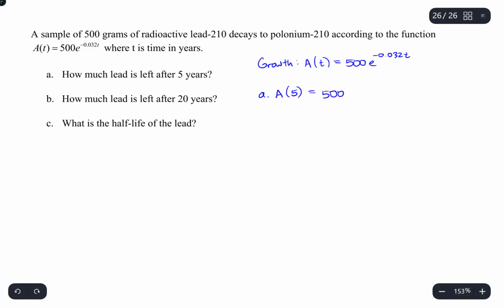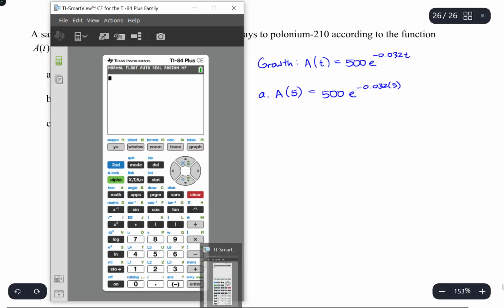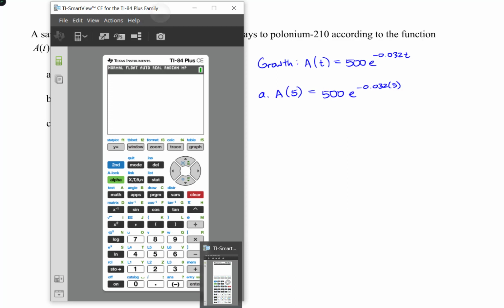So this would be 500 e to the negative 0.032 times 5. Now, using our calculator, we can come up with an approximation for that value. The way we would do that is just type in 500, then e, then an exponent.